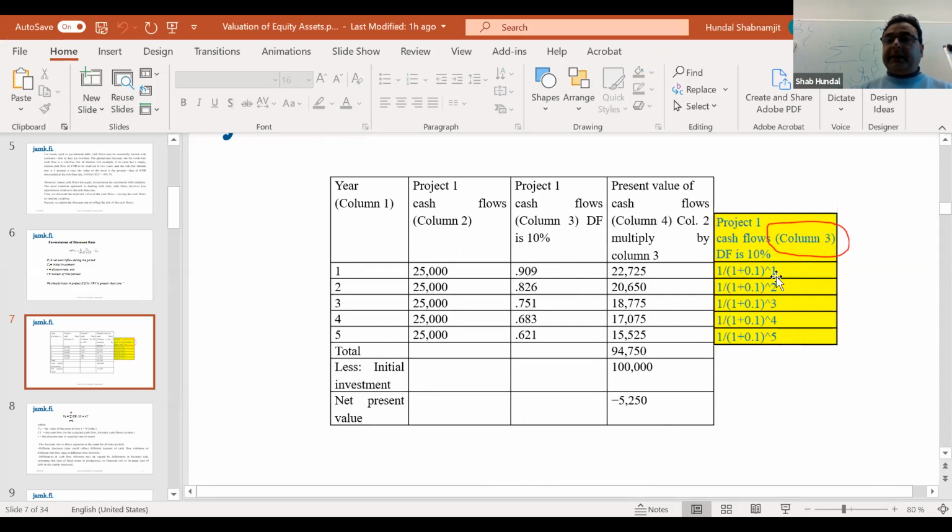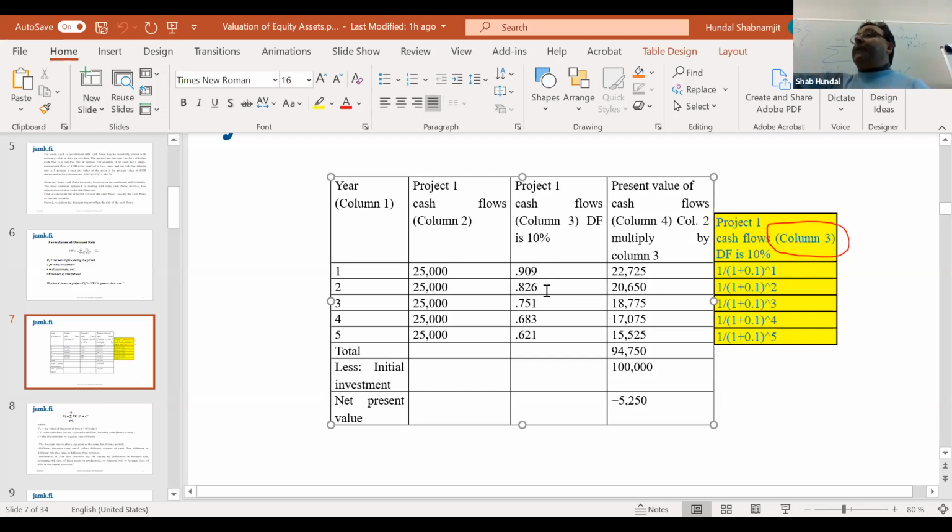I made this Excel formula. 1 divided by this whole thing will be 0.909 euro. So only 90.9 cents. The same euro after 2 years would be about 82.6 cents because of this risk factor.